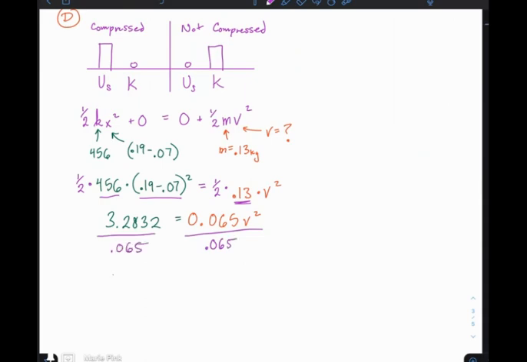And I get 50.51 is equal to v squared. And then square root both sides to get rid of the square. And I get 7.107 meters per second. And that'll be my maximum velocity right when the spring is launching that block.